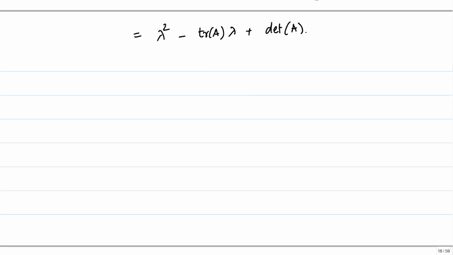Well, let's look at what happens when A is a diagonal matrix. So let A be equal to a11, 0, 0, and so on. Another case which can be easily checked.